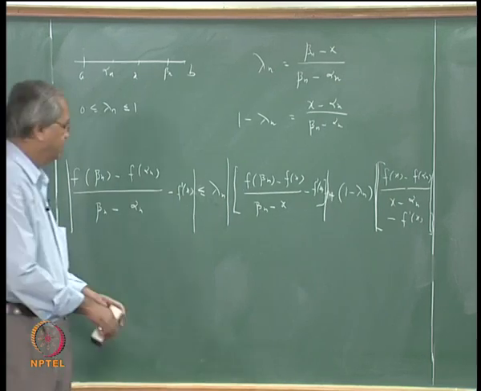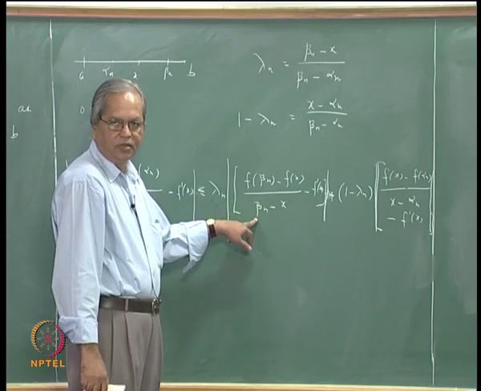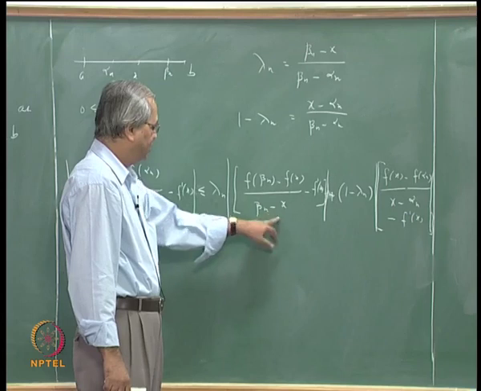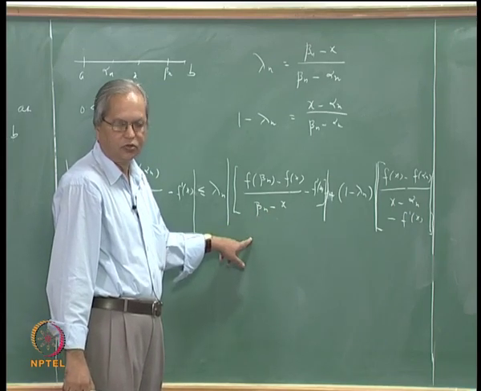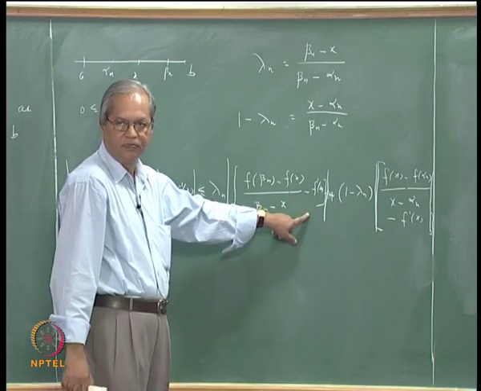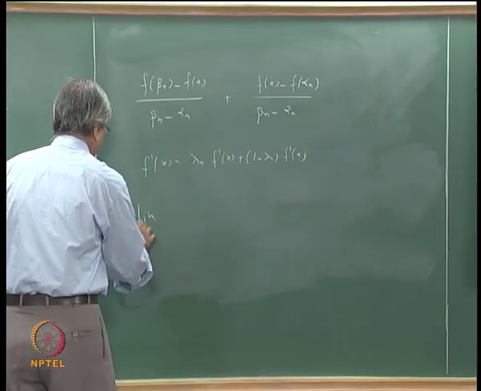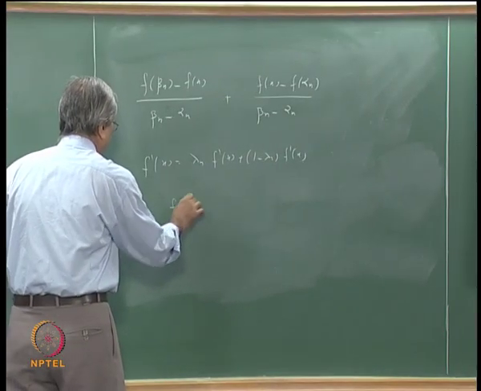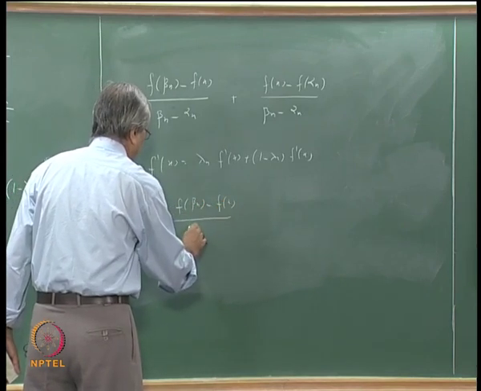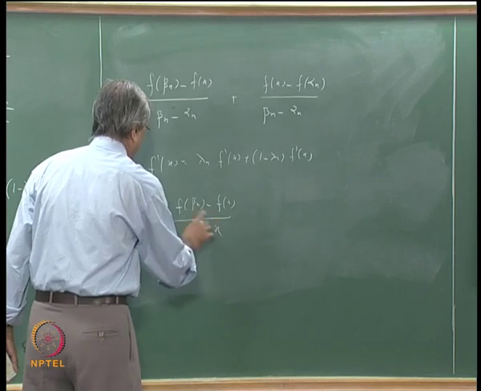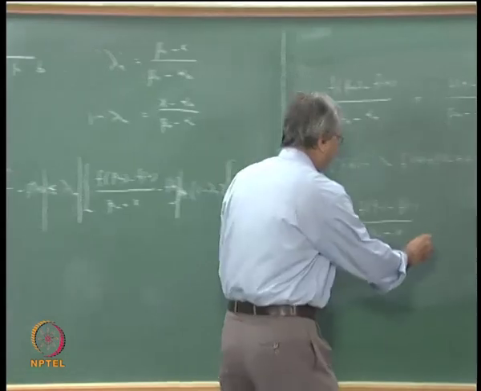Now if you look at the quantities occurring in the bracket, this is f of beta n minus f of x divided by beta n minus x. As n tends to infinity this goes to f prime x. Remember we know this: the limit as n tends to infinity of f of beta n minus f of x divided by beta n minus x, because beta n goes to x as n tends to infinity, is f prime x.